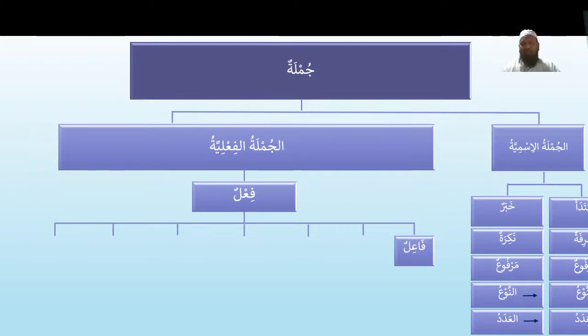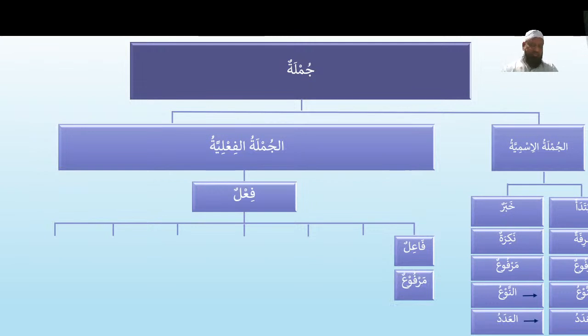Number 1, fa'il. One thing we must remember regarding fa'il: it must come after the fi'l, always. So fa'il always comes after a fi'l. Now what is the i'rab?